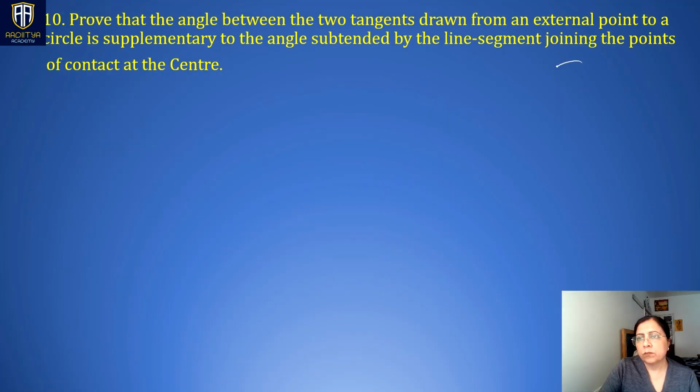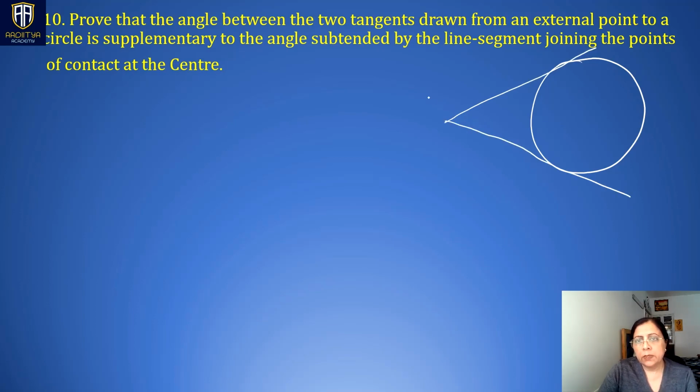Next question is, the angle between the two tangents drawn from an external point to a circle is supplementary. Let these be two tangents PA and PB with center O. We join these two radii, right?